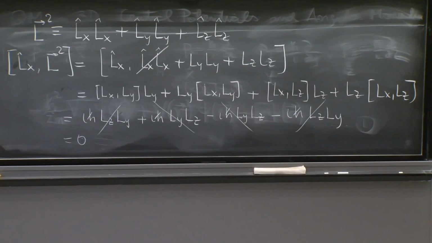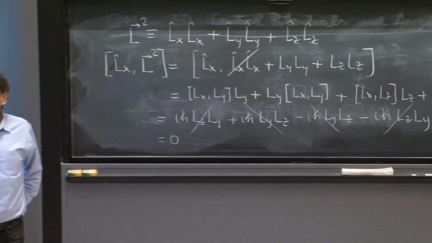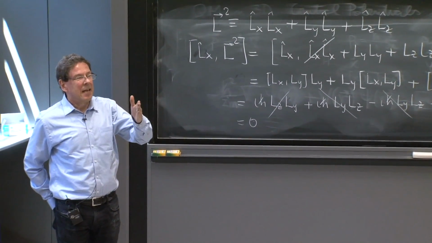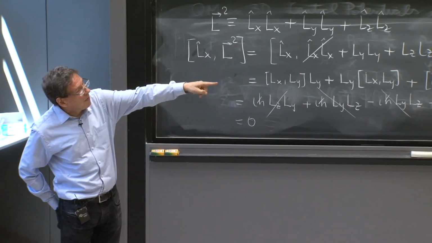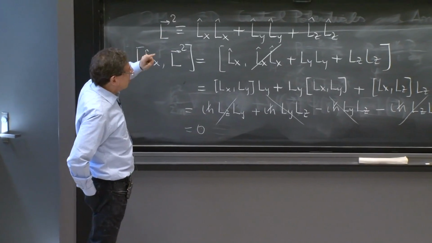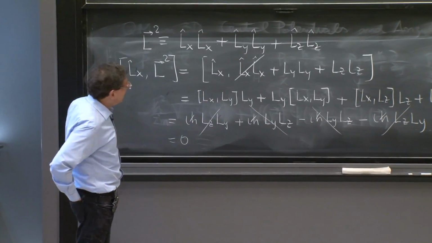Because now you have a second operator that is measurable simultaneously. You can get eigenstates that are eigenstates of one of the L's, for example, Lx, and L squared, because they commute. And you won't have the problems you have there.